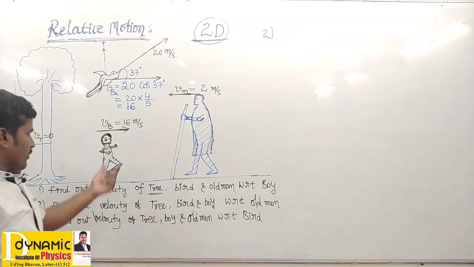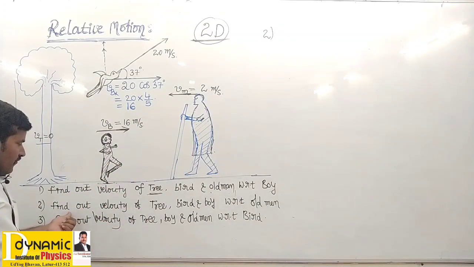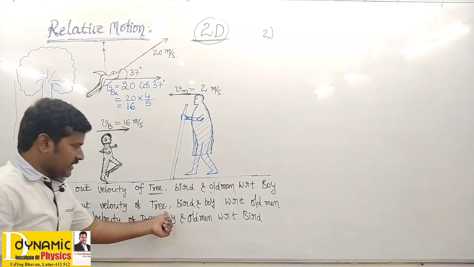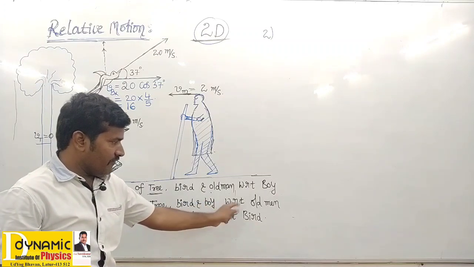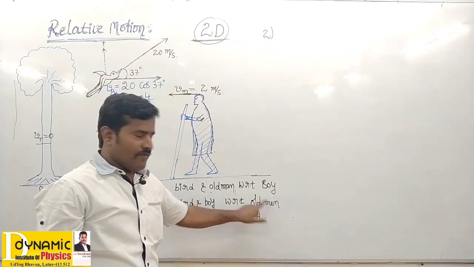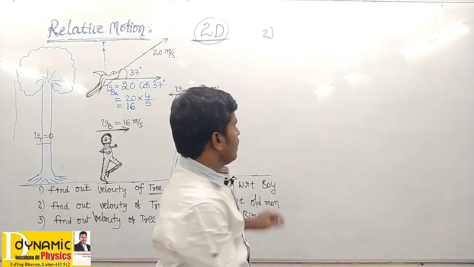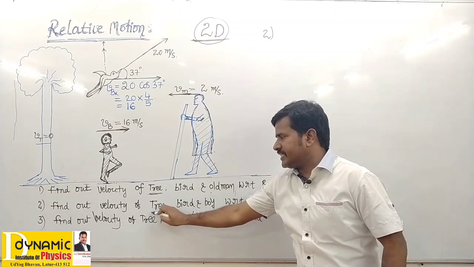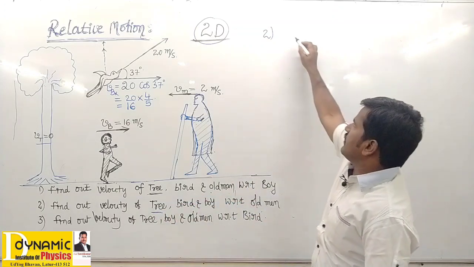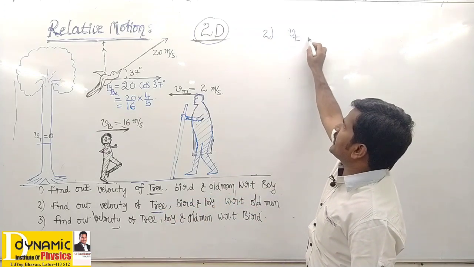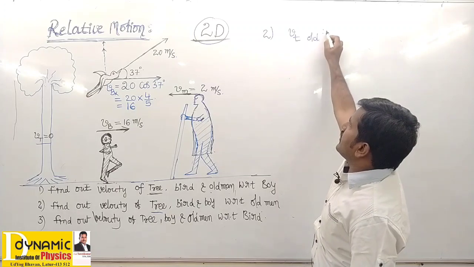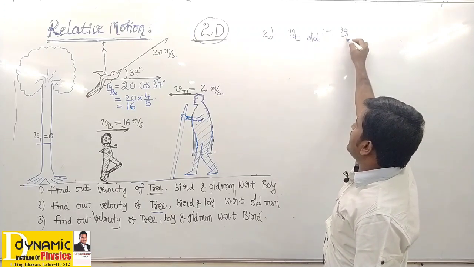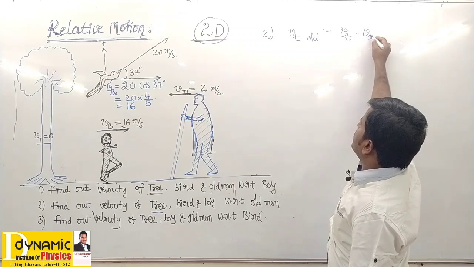In the same problem, the second one: find the velocity of tree, bird and boy with respect to old man. First, the velocity of tree with respect to old man. It is written as V tree minus V old man.